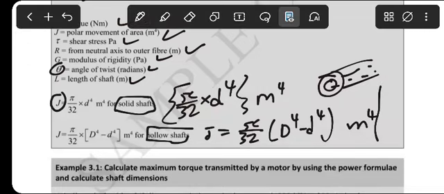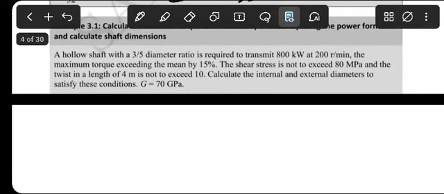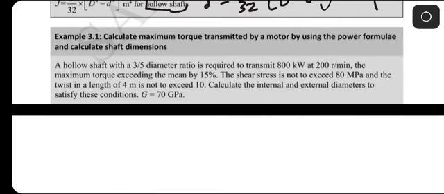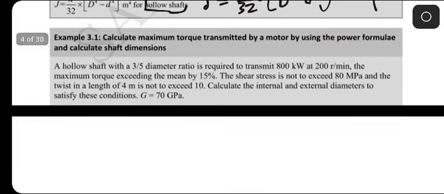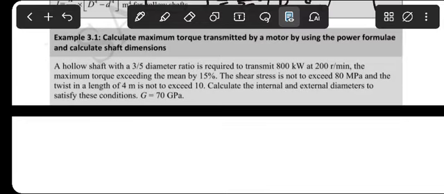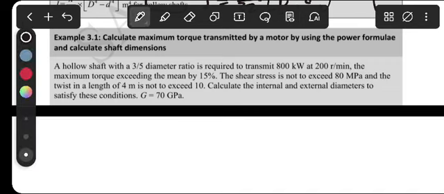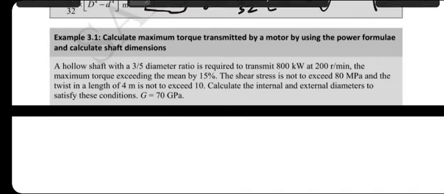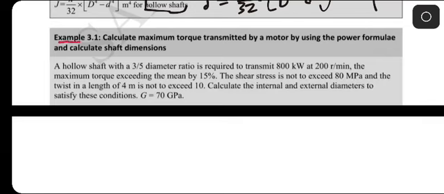It's a preview. All right, let's take this preview here. We have example 3.1. It says calculate the maximum torque transmitted by the motor using the power formula, and calculate the shaft dimensions.